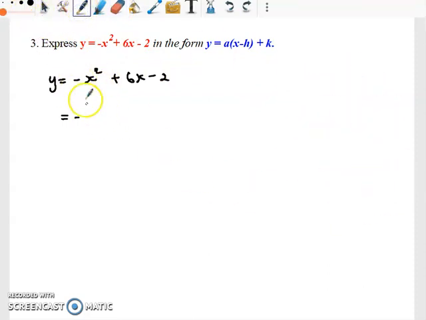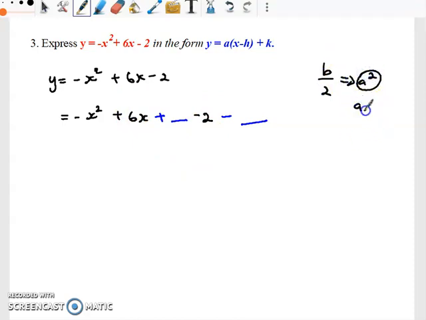Alright, so I'll have x squared plus 6x. Remember that you're going to add in a number. We don't know that number as yet. Then you carry down your minus 2, and then whatever that number is that you added, you're going to subtract that number again. Remember, we find that number by taking b, dividing it by 2. If we get a, we square a. That's a times a, whatever that is.